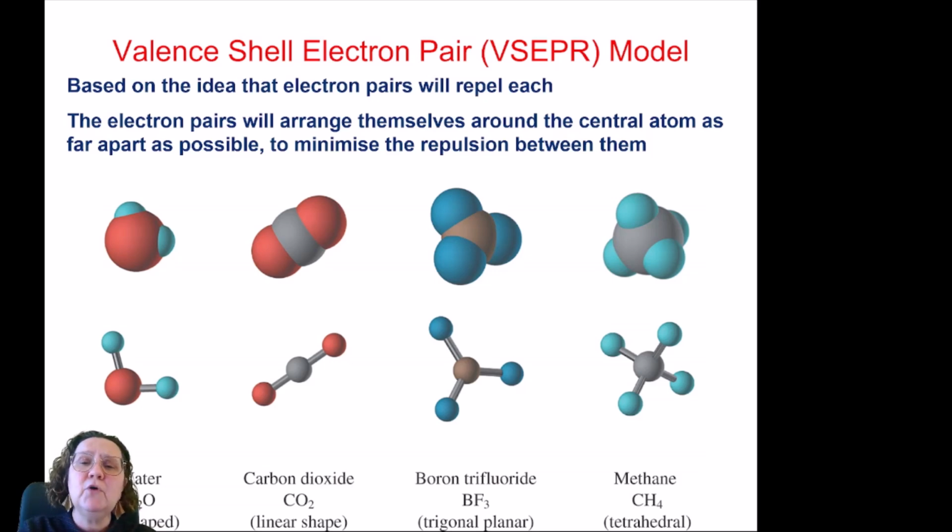And there is a model called the valence shell electron pair repulsion model. It's based on the idea that when you have all these electron pairs around a central atom, those electron pairs will repel each other. So they will try to establish themselves in a 3D structure so they are as far as possible from each other.